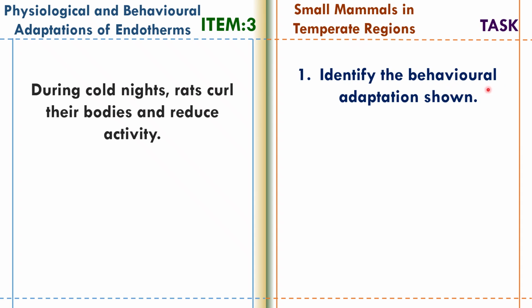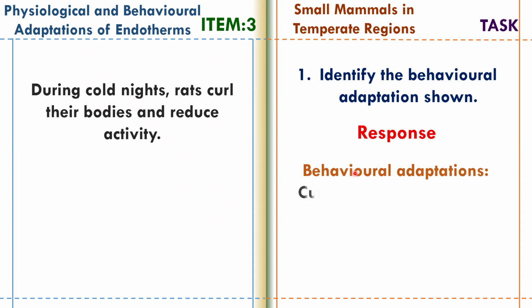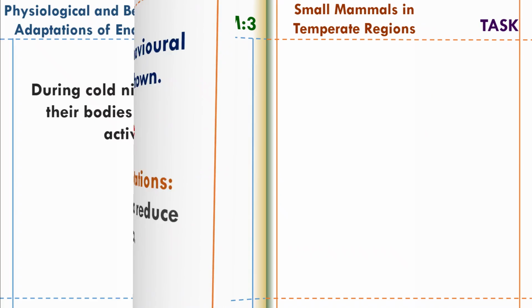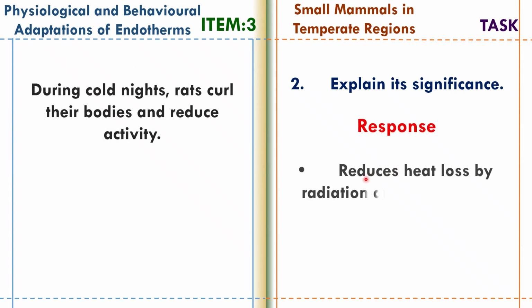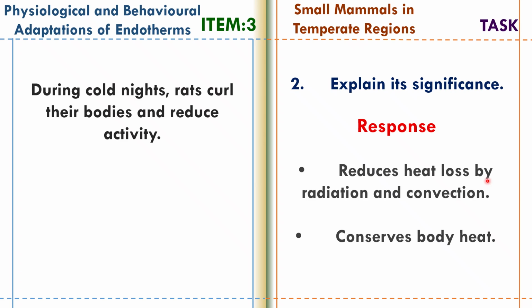Behavioral adaptation includes curling the body to reduce surface area. It reduces heat loss by radiation and convection, and conserves body heat.